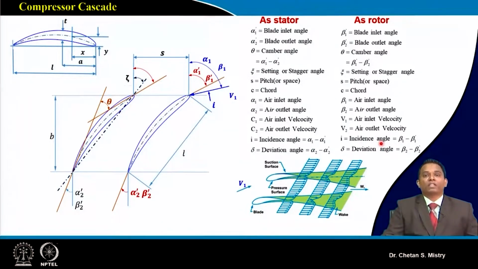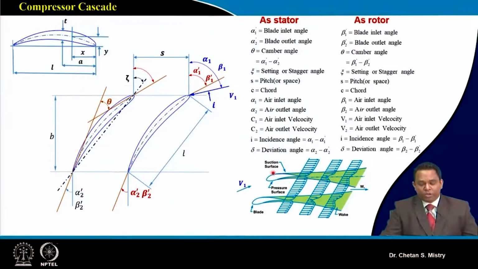But in our case, when we discuss turbomachinery, for axial flow machines or radial machines, we do not write it as angle of attack; we consider it as incidence angle. So do not get confused between angle of attack and incidence angle.